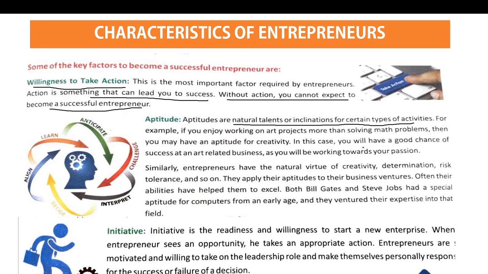You will have a very good chance of success in an art-related business. In this way, you should have an aptitude and a passion for your job. You should have a natural talent. If you have a natural talent, you can use it in the business and transform it into a huge, big-scale business. The third one is initiative.